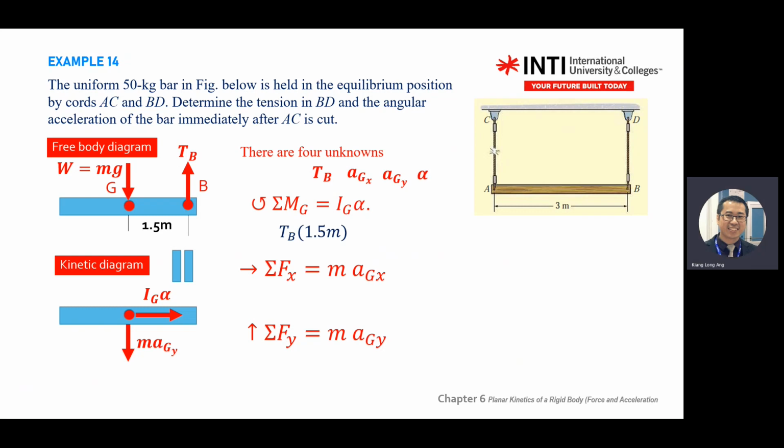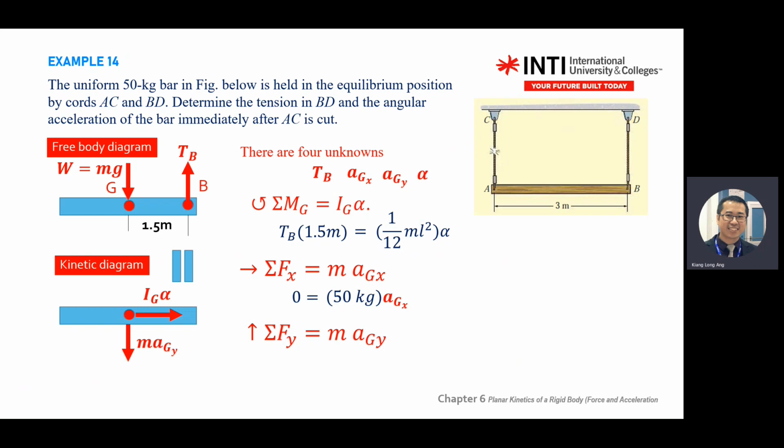So how to find the moment about the center of mass? You look here, you only see tension at point B, multiplied by 1.5, the perpendicular distance. Then IG, this one you find from the table. The table, this is a rod shape at the center G point here. So you get 1/12 ml square and alpha. In this case, F equals ma, there's no force acting on the x-axis, so 0.